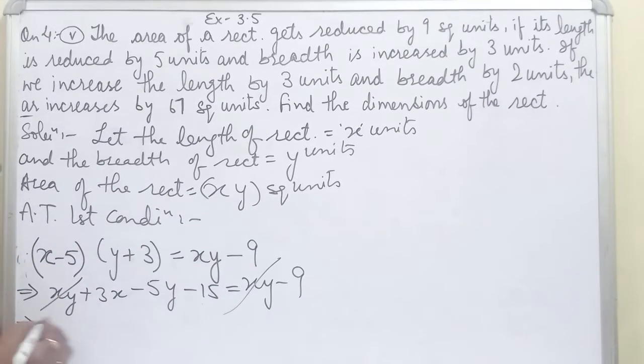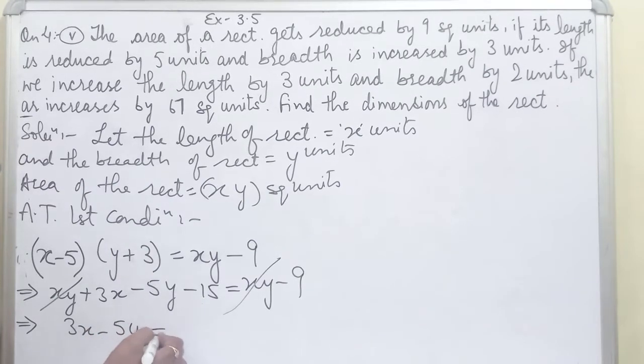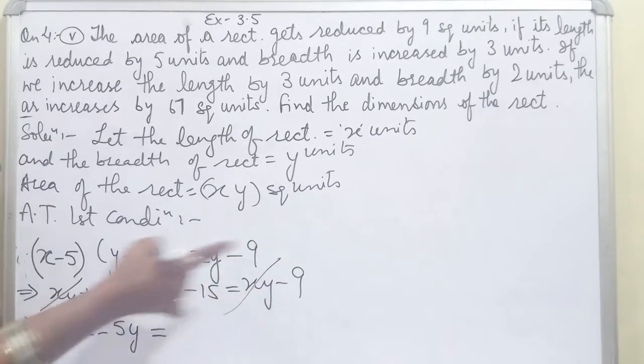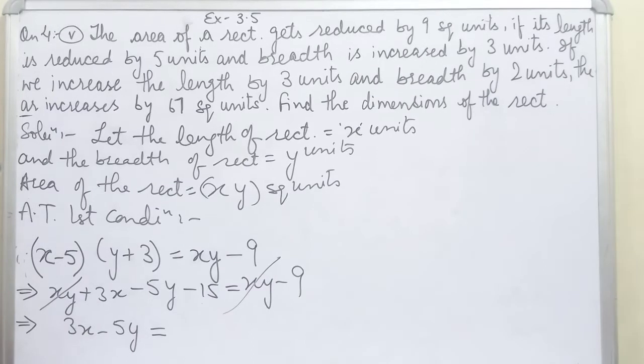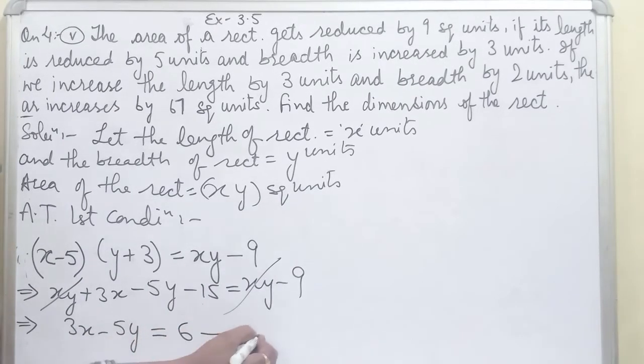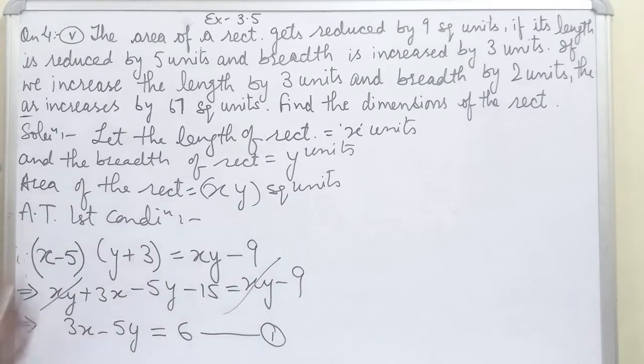And you'll get 3x minus 5y equals to minus 9 plus 15, that is 6, and this is the first equation.